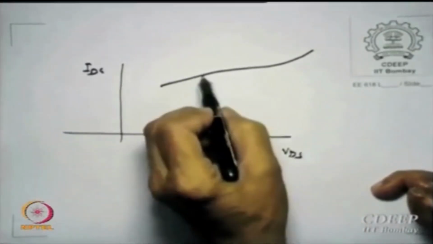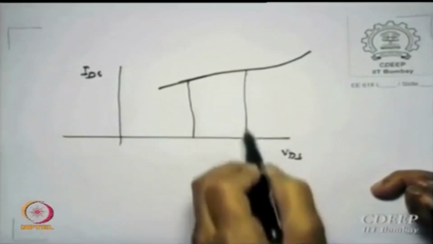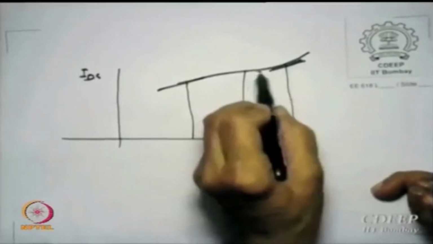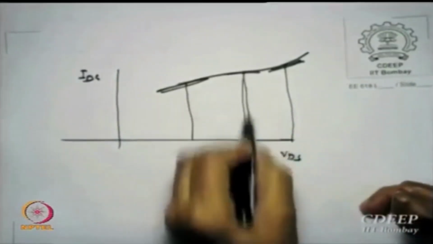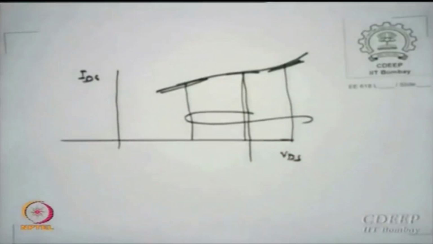So depending on whether you are biasing here or biasing here, the slopes here, here and here are not the same. Is that correct? Even if you bias here and your swing is something like this, large swings, even then you are hitting different R0s.